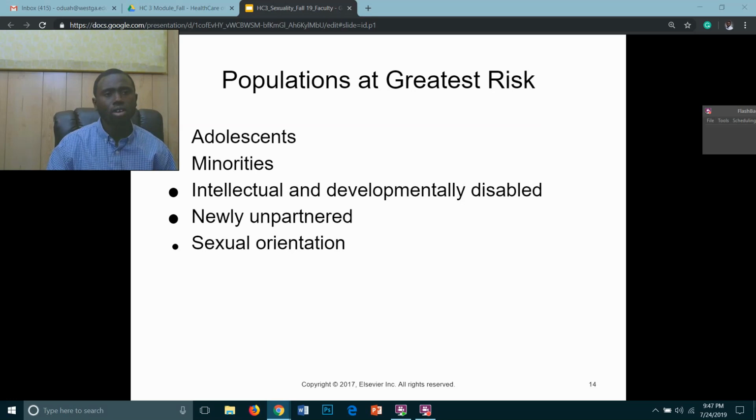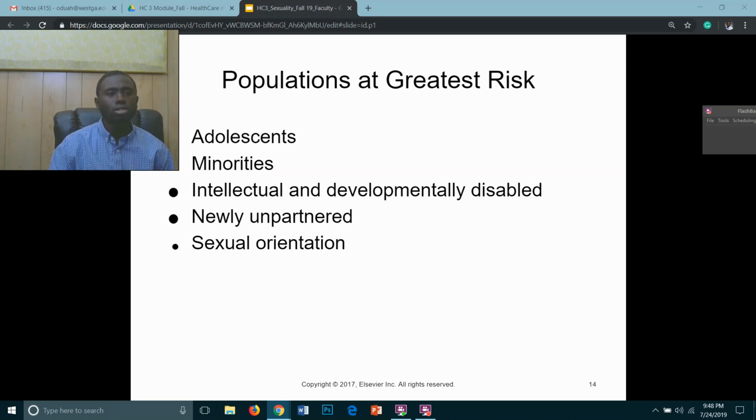Minorities have difficulty accessing healthcare, and as such, detection of problems associated with sexuality, such as infections or abuse, are delayed, and this can also impair their ability to have good sexual health or to be in a sexual well-being.